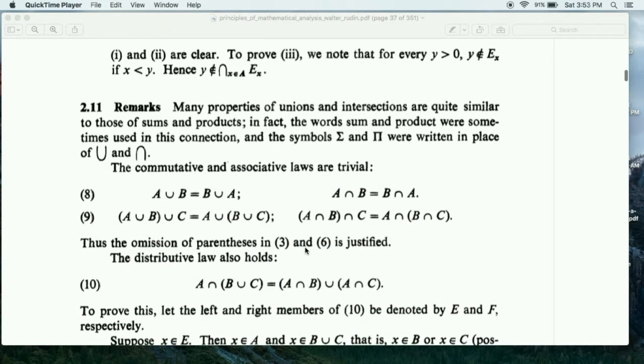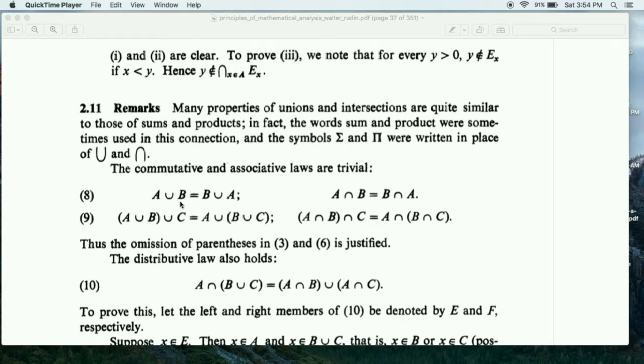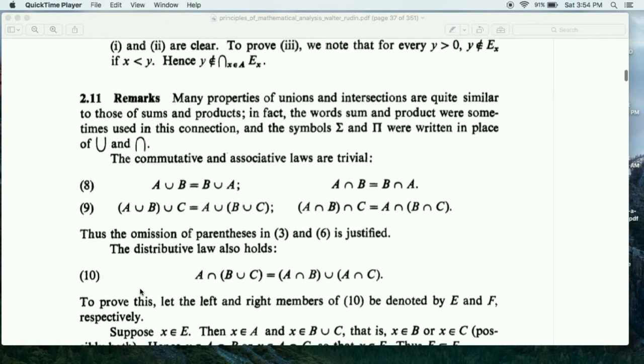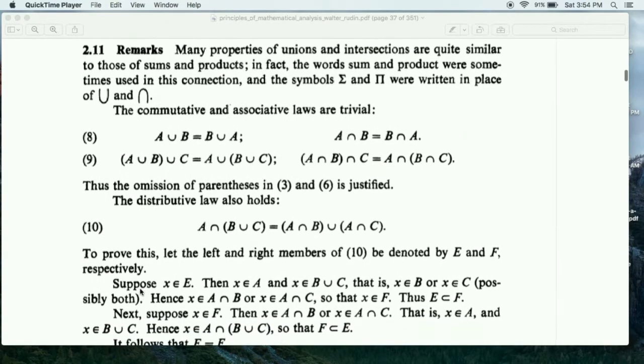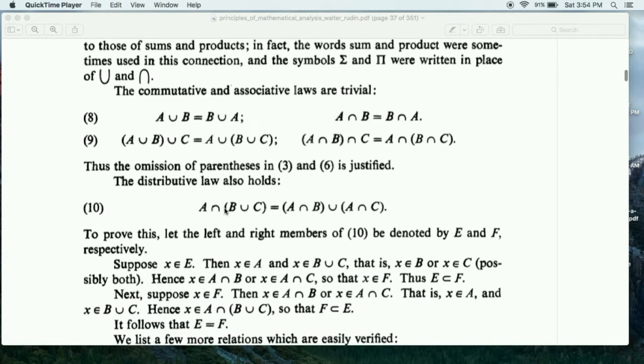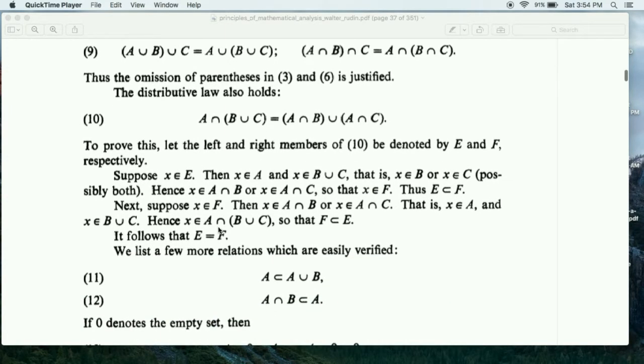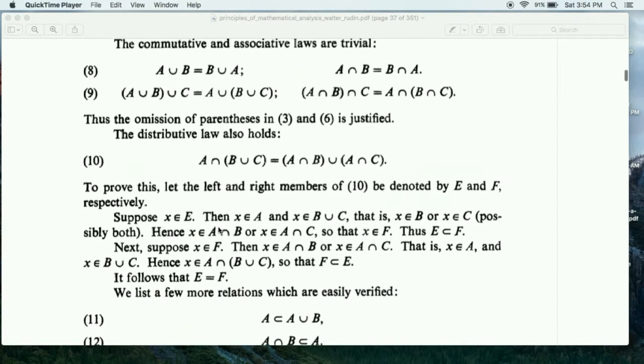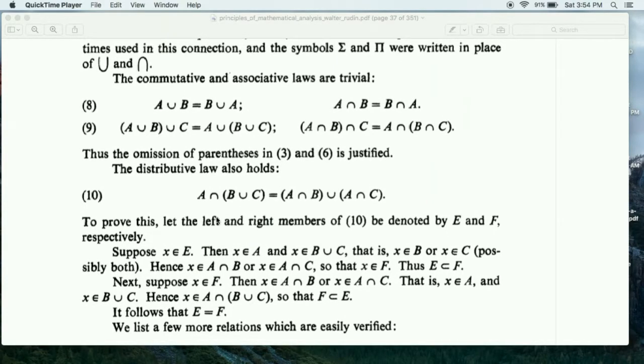Now, the union operation, as we know, is commutative, and so is the intersection. Similarly, these operations are associative. There also exists a distributive law, which we have done earlier in school. This is something given in school books, but we do not rigorously prove it most of the times.